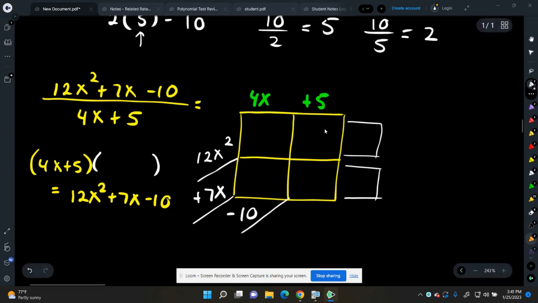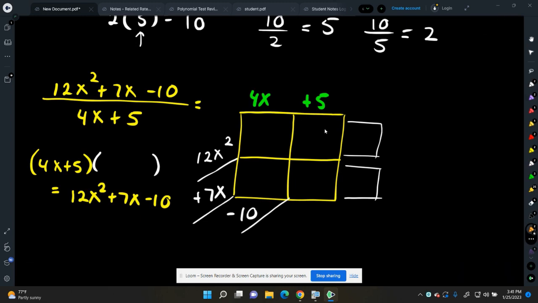So what we're going to do, we're always going to start with this bottom corner. If this is negative 10 right here, then that means, extending the diagonal, this is a negative 10. Now, how do I get this box? Well, I take the 5 and I multiply it by whatever that number is. What would I have to multiply the 5 by to make it a negative 10?